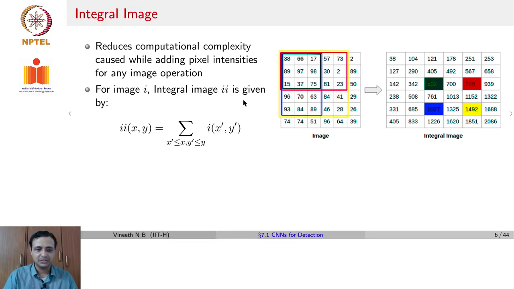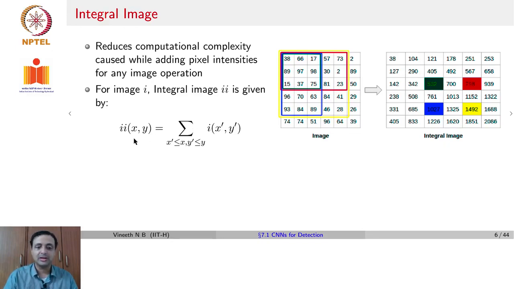The integral image is defined as follows: for any pixel in the integral image, you sum up all the pixel values up till that point, starting from the origin on the top left, and the summation of all the pixel intensities is what is filled at a particular location.